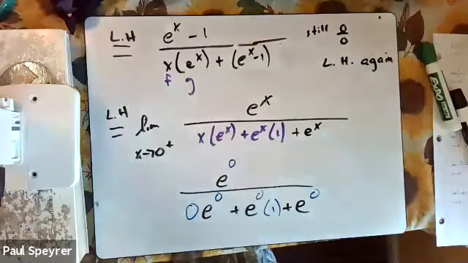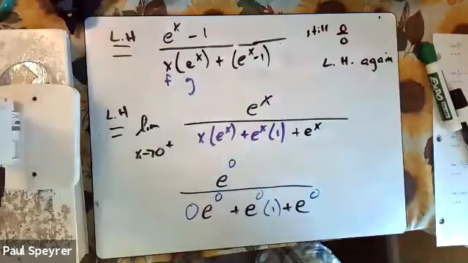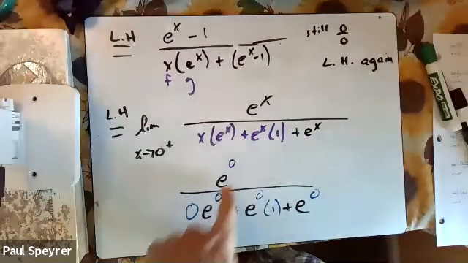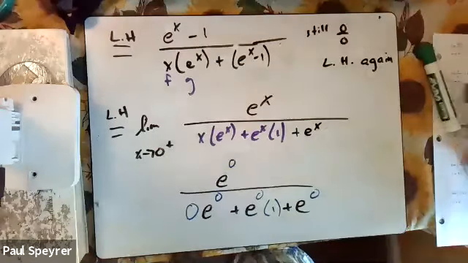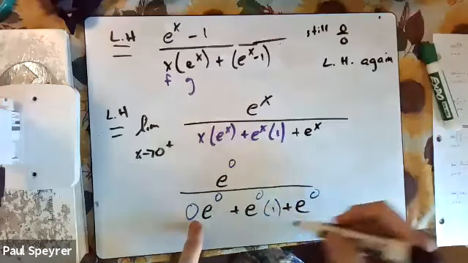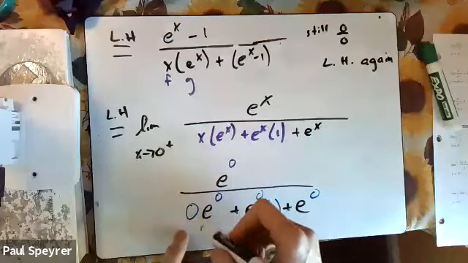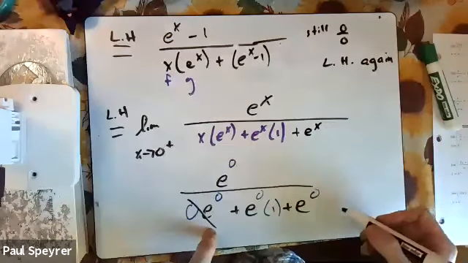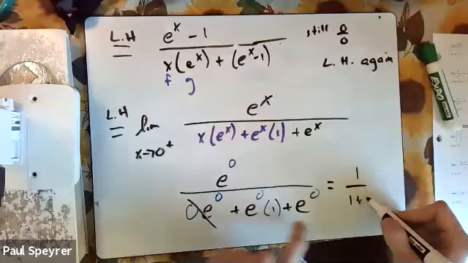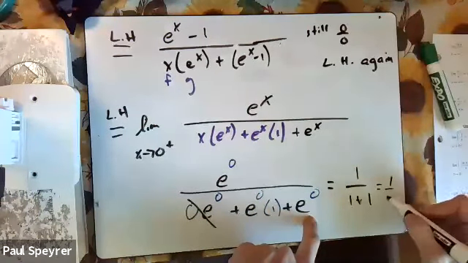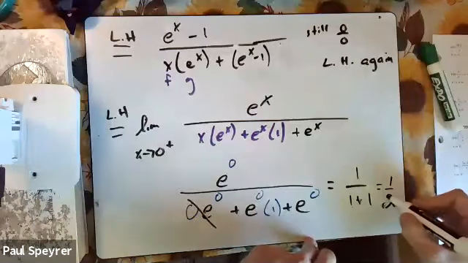Because we have a bunch of e to the zeros. Remember, e to the 0 is not 0, right? What's a constant raised to the 0th power? It is 1. So this one goes away, though, because we have 0 times 1. That goes away. But what do we have up top? 1. This is 1 plus 1. So you get 1/2 right here.